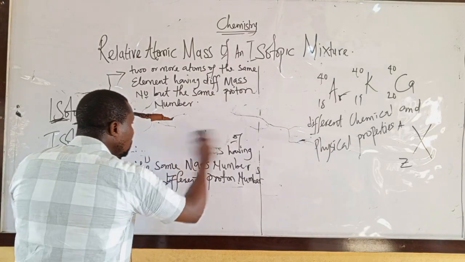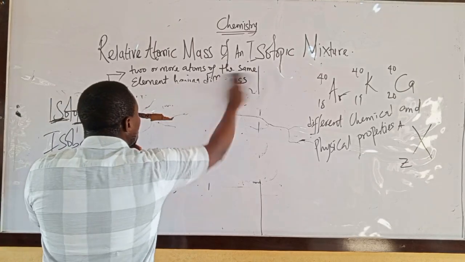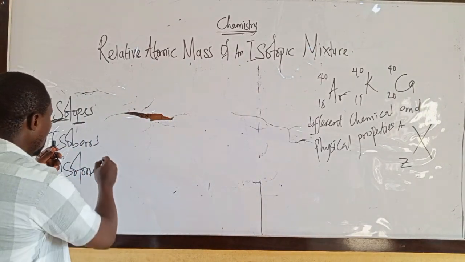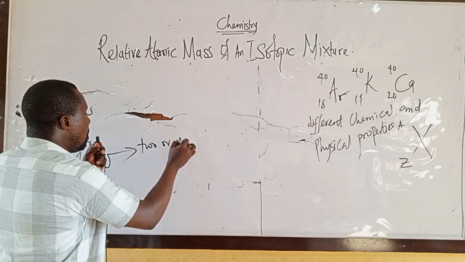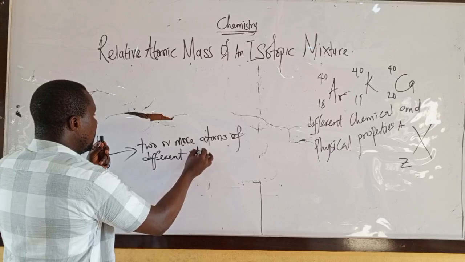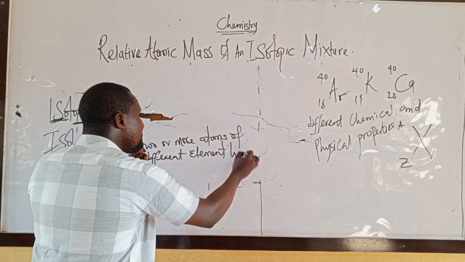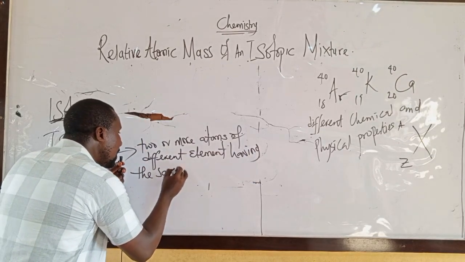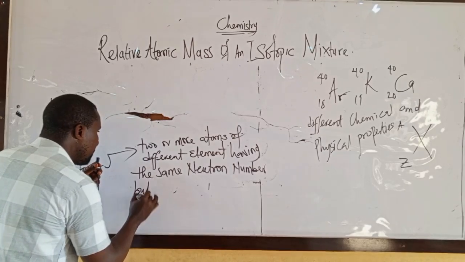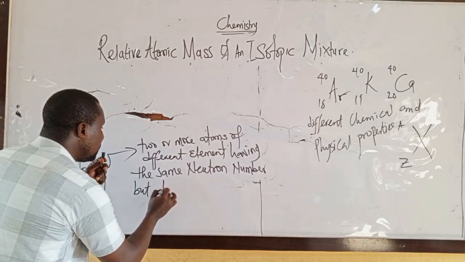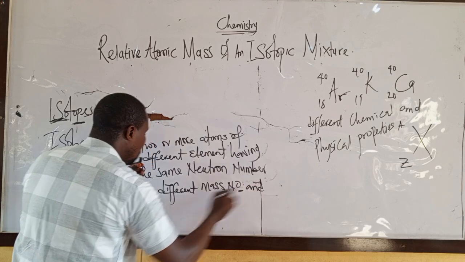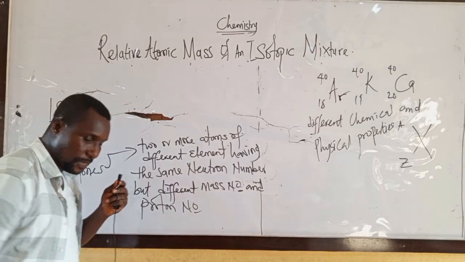Isotone. When you have two or more atoms of different elements having the same neutron number but different mass number and proton number, I'll give you an example.